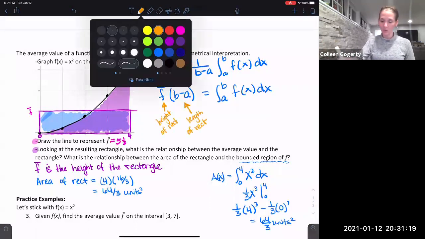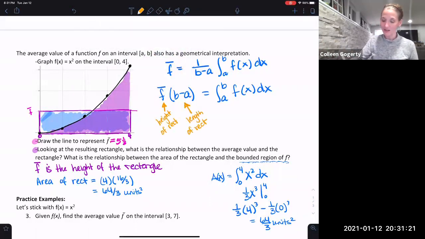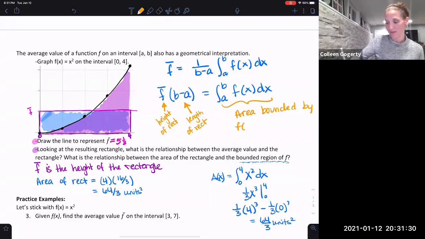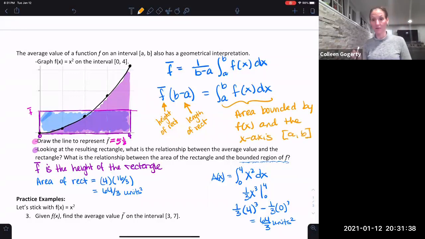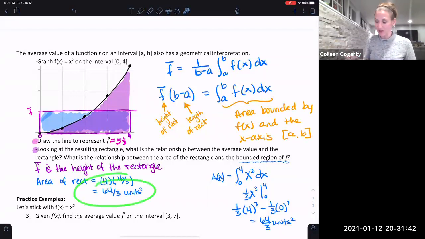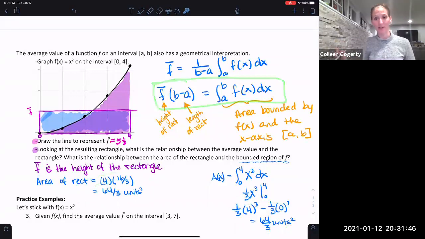And we're seeing that it has to be equal to the area bounded by f of x and the x-axis from a to b. There it is. Here's the actual proof of it happening.